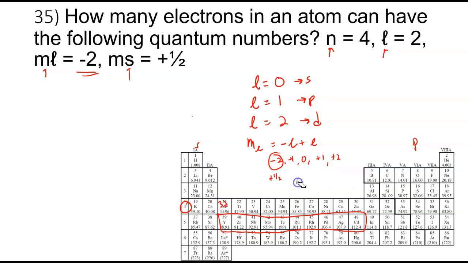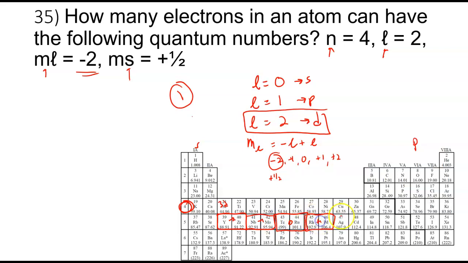So this is kind of a trick question. This one says, how many electrons can have the following quantum numbers? Only one. There can only be one electron that is in n equals 4, L equals 2. And if we want to try and use the periodic table, so if we call this negative 2, negative 1, it doesn't quite work this way, we know, because it goes up, up, up, then down, down, down, right?